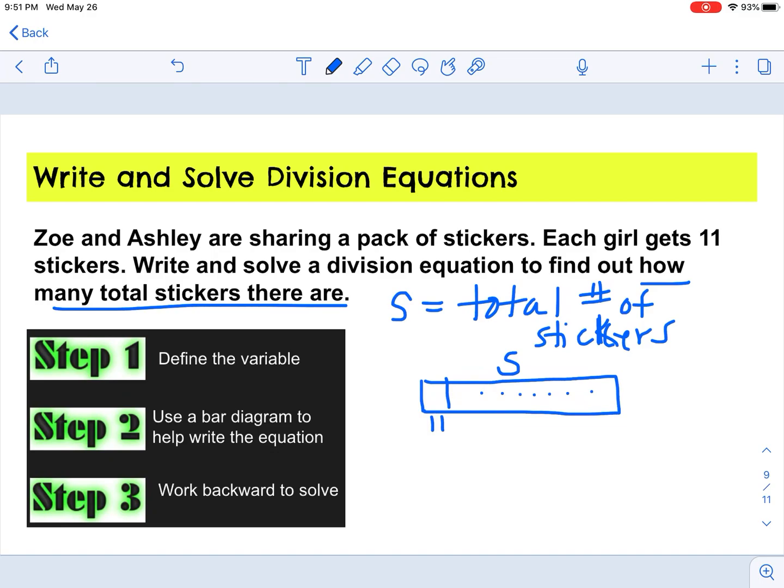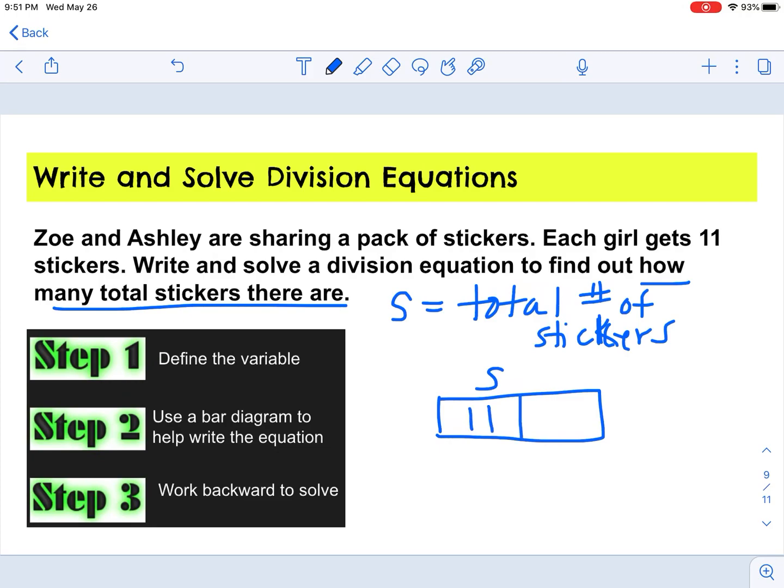We do know that there are 2 girls. Whoops, so I kind of messed that up. I did not read that question all the way through. So I'm going to try this again. So we know that there are 2 girls, and they're each going to get 11.